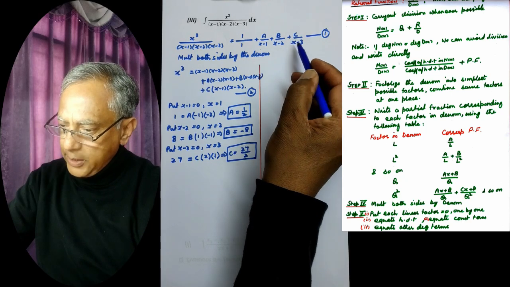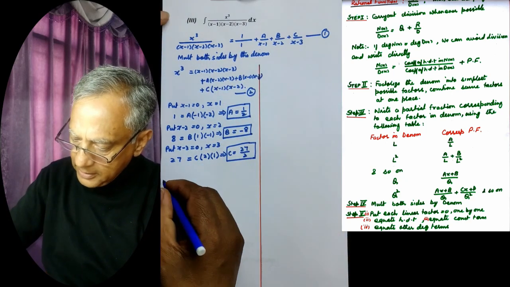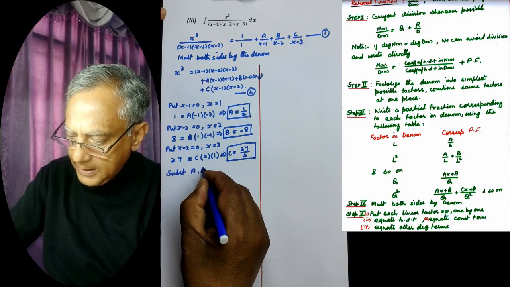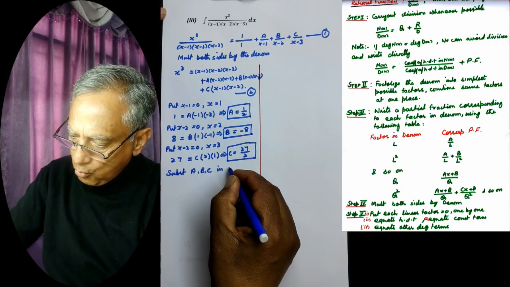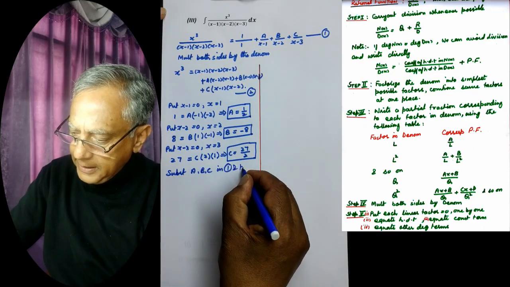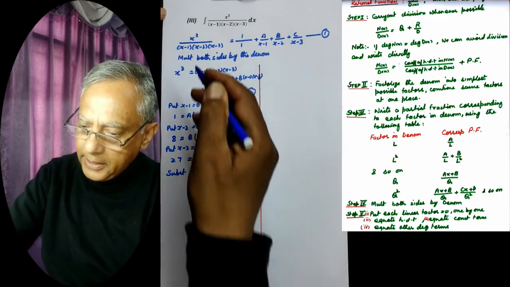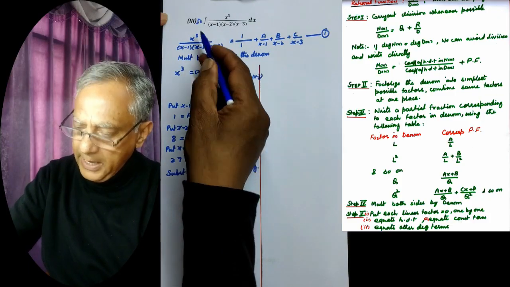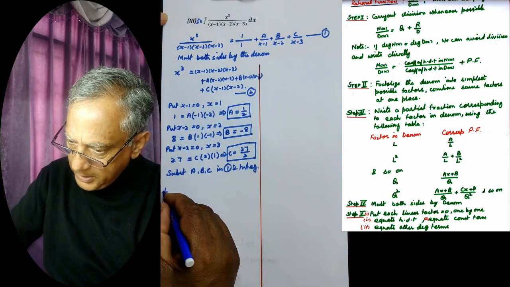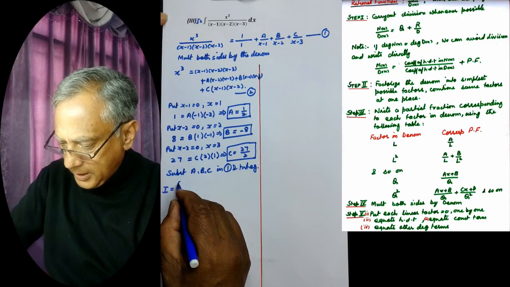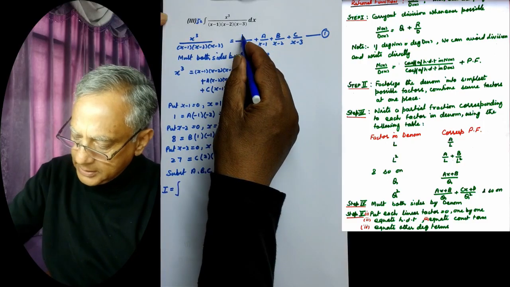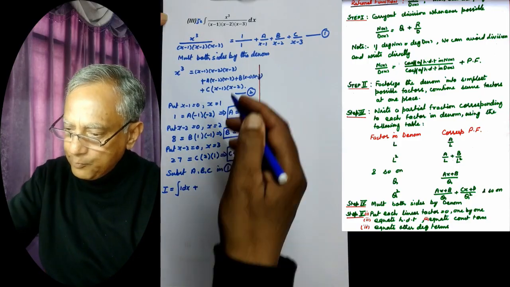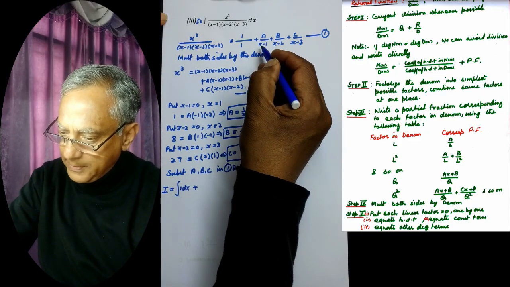Now we substitute A, B, C in 1 and integrate. Let this integral be I. So I will be equal to integral of 1 dx plus A into integral of 1 over x minus 1.